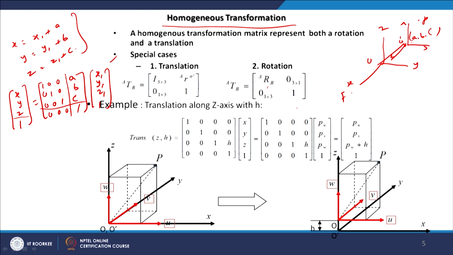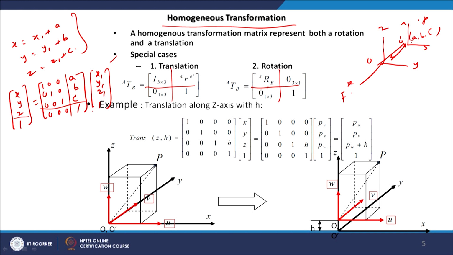So, that should be introduced. The fourth row and fourth column are introduced for a rotation matrix. And for the translation matrix the first 3 by 3 matrix is the identity matrix and the fourth column represents the origin, the new origin A B C that will come in the fourth column.